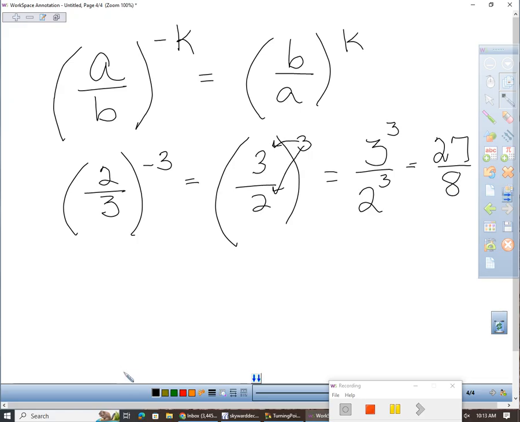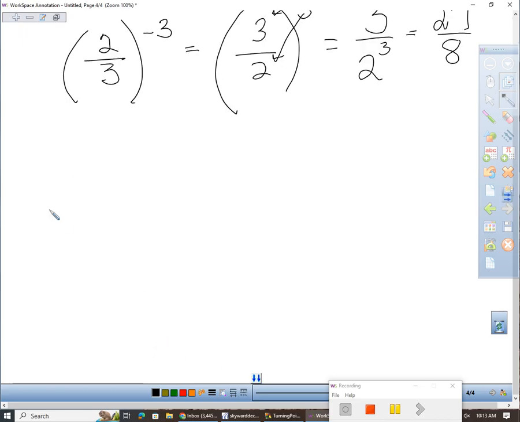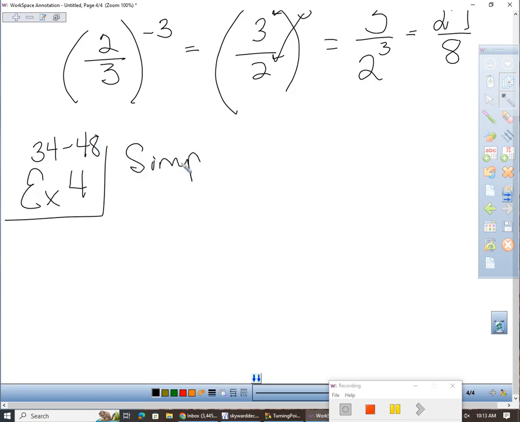All right. So now let's see how this is going to play into our homework today. Here's example number 4, right? Example 4. This is out of that last wonderful section of 34 through 48. Again, I'm simply going to say simplify.